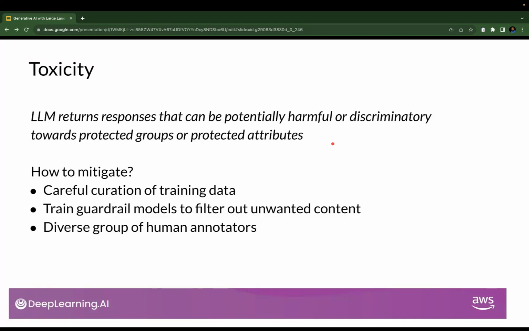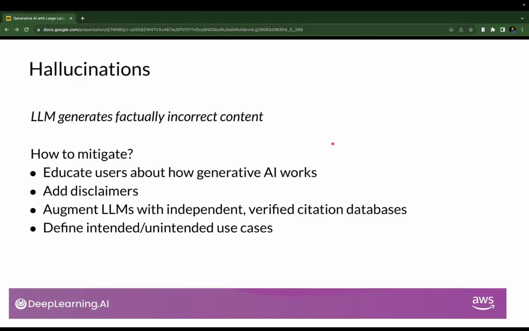But we can also train guardrail models to filter out unwanted content. Constitutional AI is one such example. And the more diverse the human annotators are, the better, so that you are not biased, because what can be sensitive to one may not be sensitive to another. So it's good to have a diverse group of human annotators.